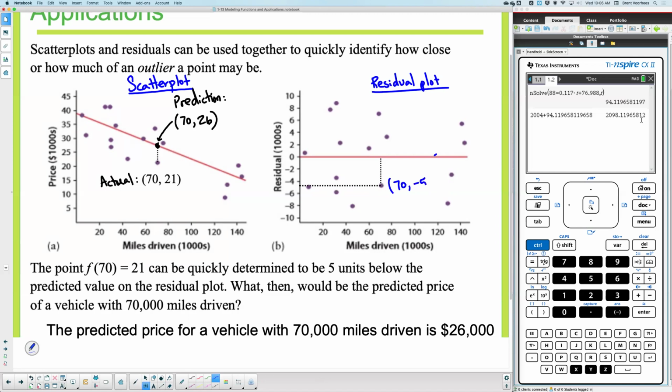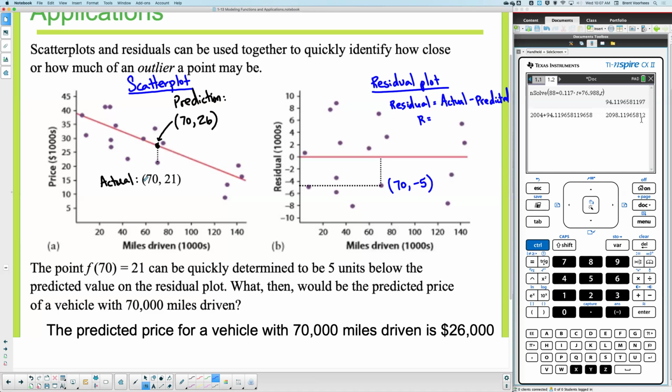Now, why would this make sense? Do you remember what the formula was for residuals on the previous page? I told you you need to know it. It's y minus y hat. So the residual is the actual, which is y, minus the predicted, which is y hat. In this case, the residual, I'm just going to say R, would equal, what was our actual data?